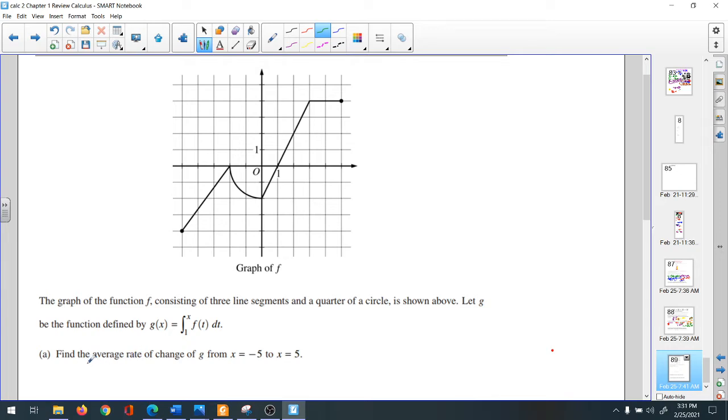The first one, finding the average rate of change, means they want g of x2 minus g of x1 over x2 minus x1. This reflects that we need to find the integral from -5 to 5.